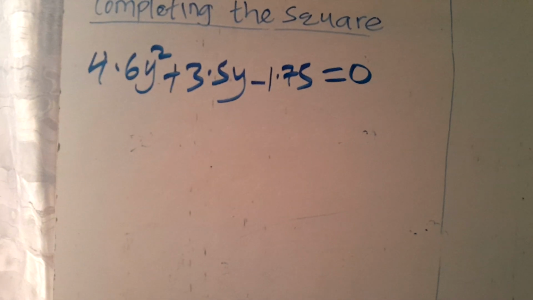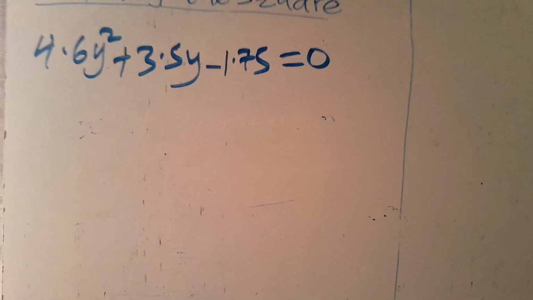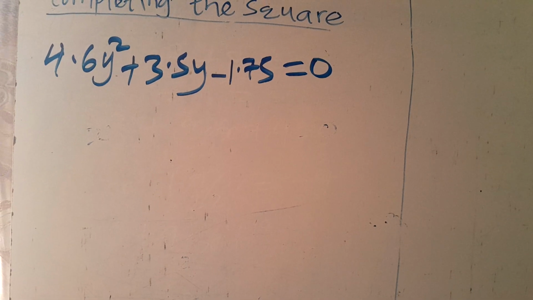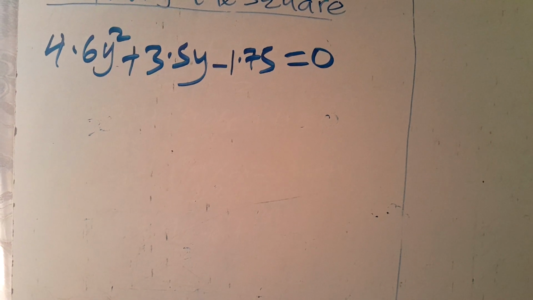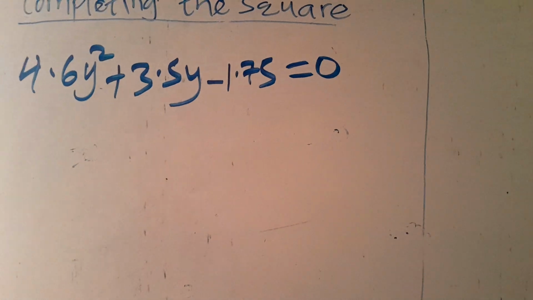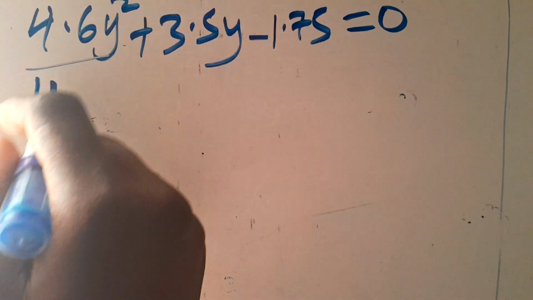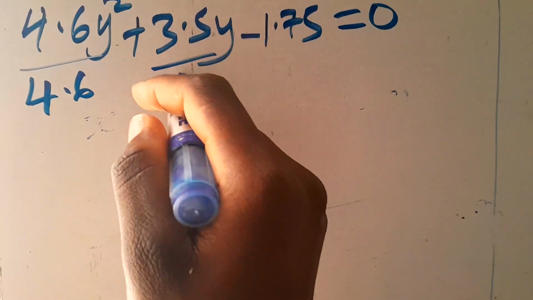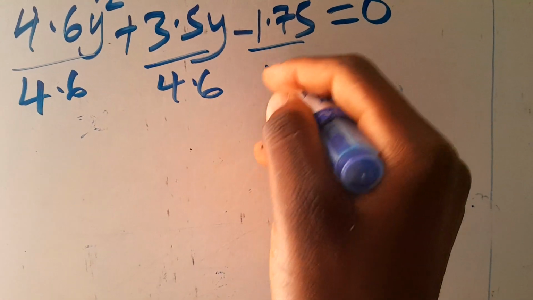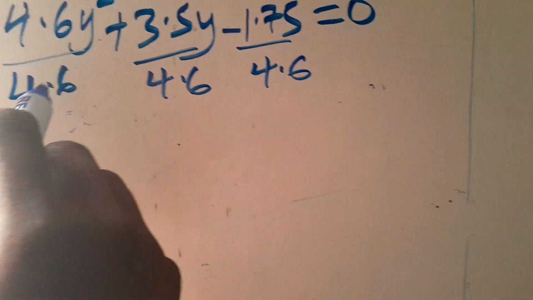Let's look at our second example. 4.6y squared plus 3.5y minus 1.75 is equal to 0. The coefficient of y squared must be reduced to 1. What do we do? We divide all through by 4.6. 4.6 divided by 4.6 is 1.